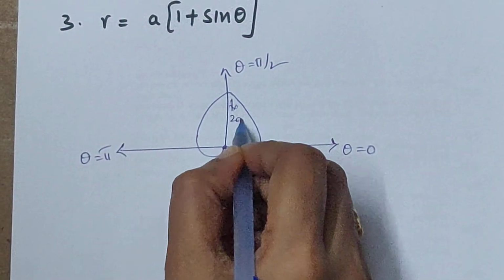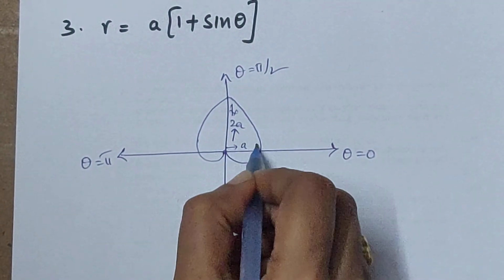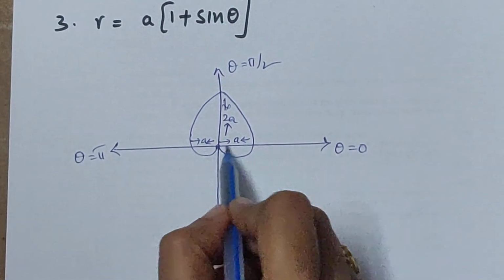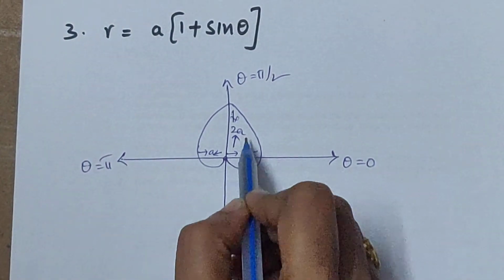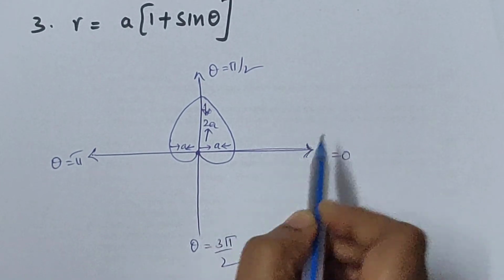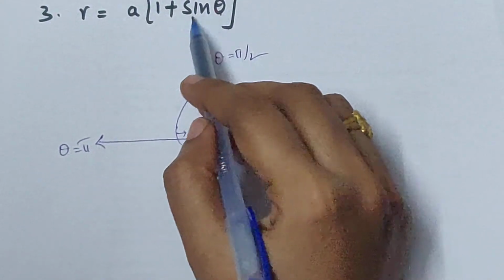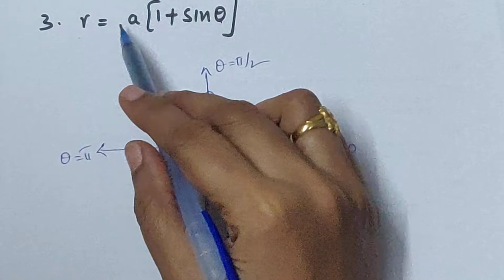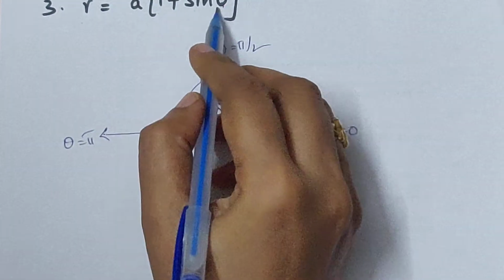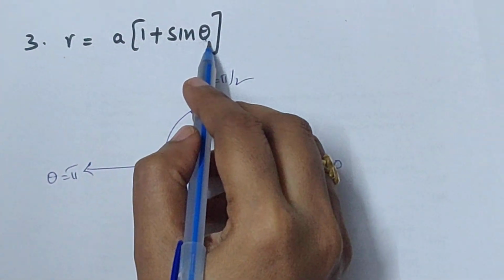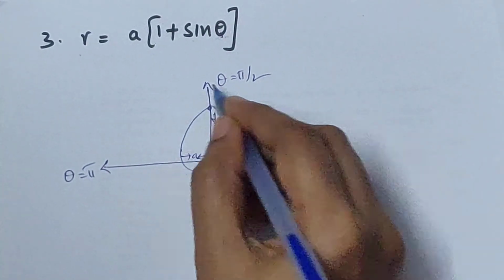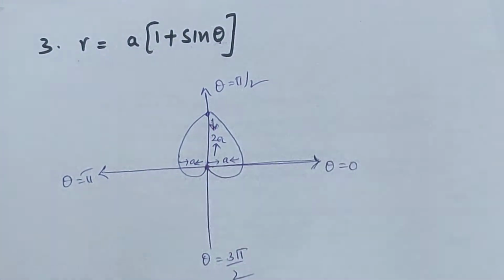This is 2a units, and here this is a units. Similarly, it is also a units. Once check it, how to remember: in the direction of theta equal to 0, substitute theta 0 here, sin 0 is 0, so r equal to a. Theta equal to pi by 2: if you put theta pi by 2 here, sin pi by 2 is 1, 1 plus 1 is 2, 2a. So in the direction of theta equal to pi by 2, the magnitude is 2a.